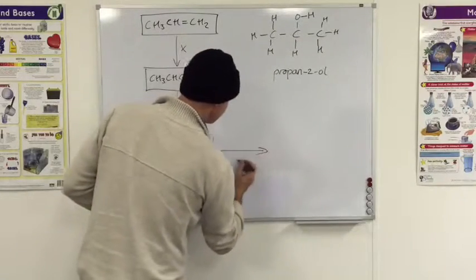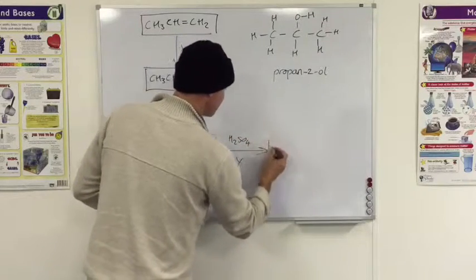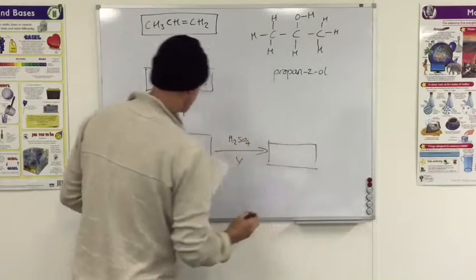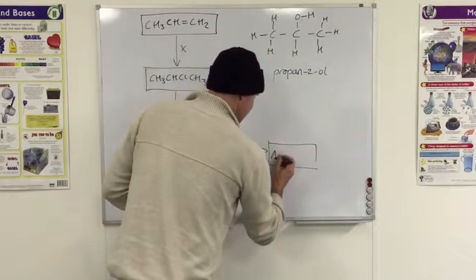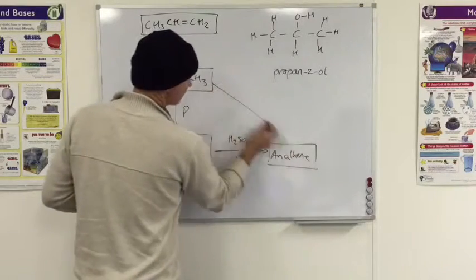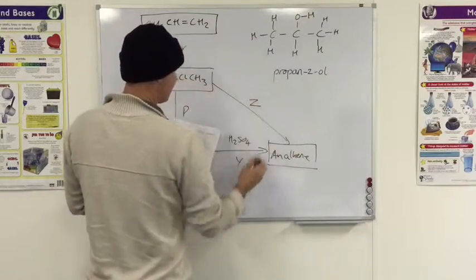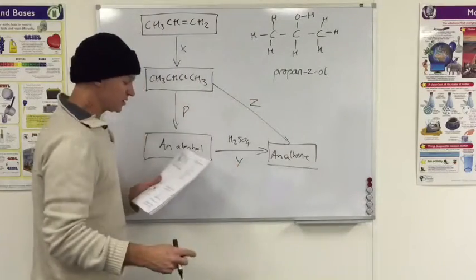The type of reaction of which Y is an example. Now, Y requires some H2SO4, we're told, and some of you might suspect what is going to happen here. Alcohol plus H2SO4 is going to give us an alkene. And to complete the diagram, there is in fact an alternative route, which is reaction Z. So the type of reaction of which Y is an example.